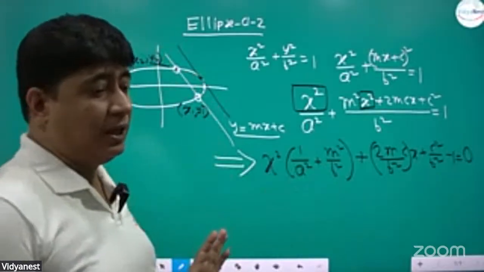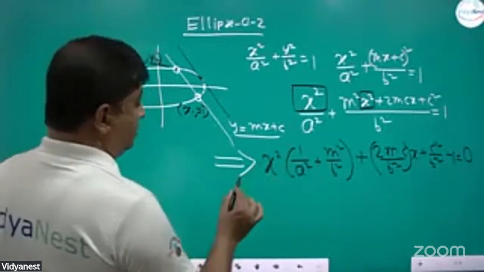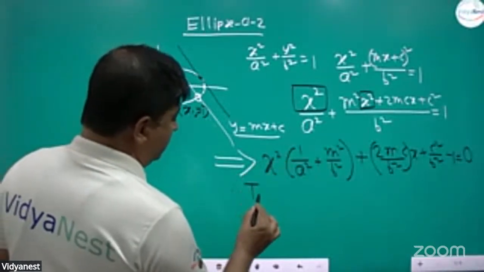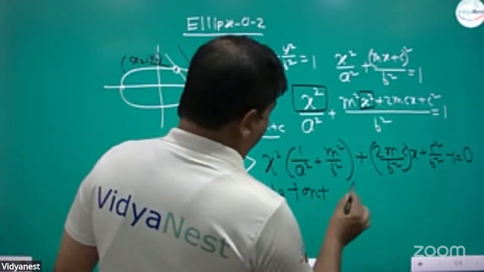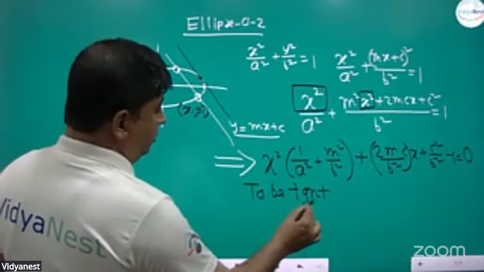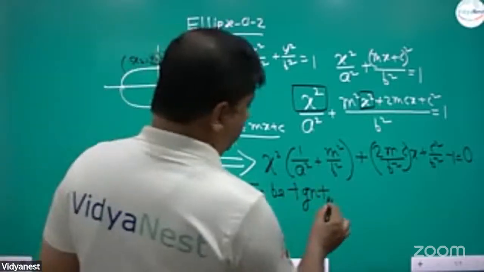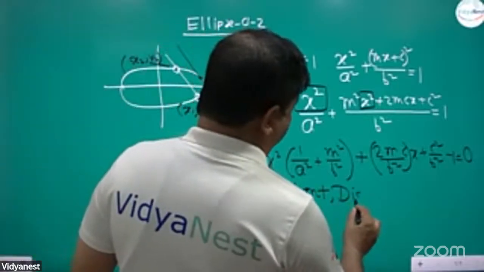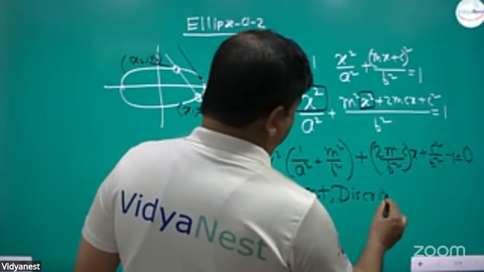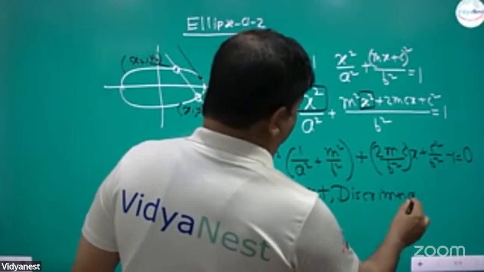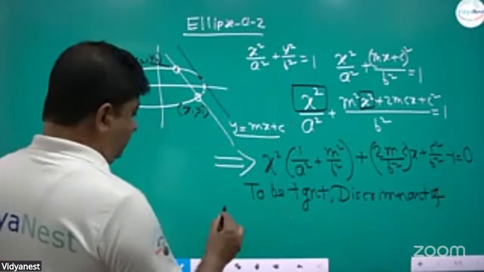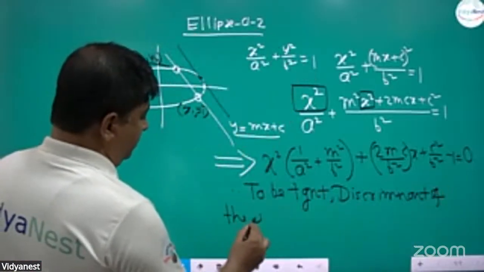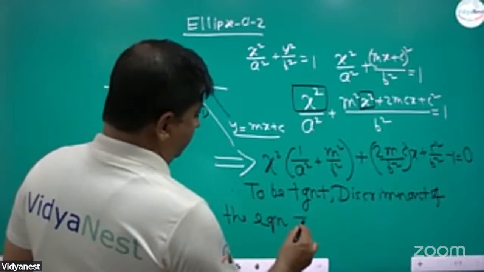Hope you understand. Then you write: to be tangent, the discriminant of the equation must be 0.